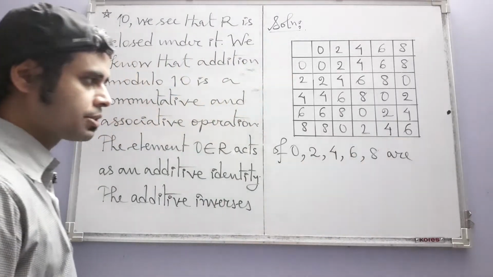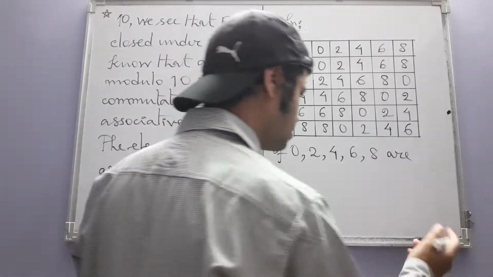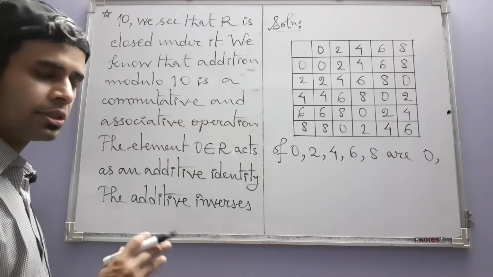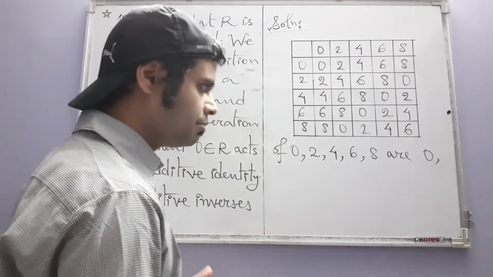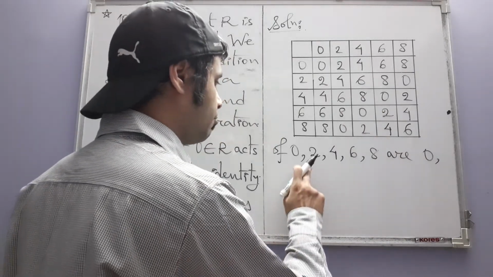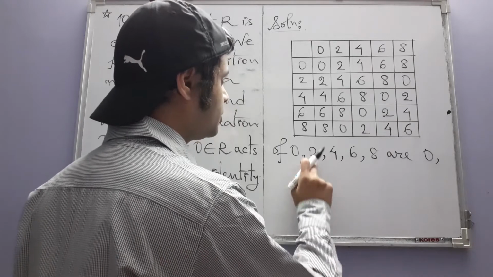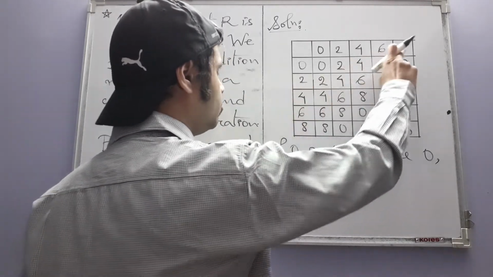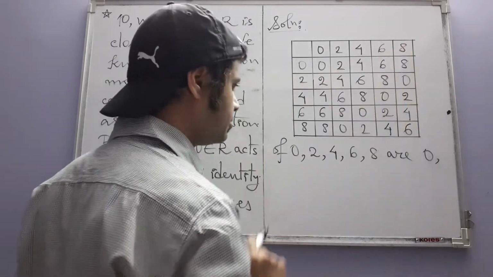What's the additive inverse of 0? 0 itself, because it's the identity with respect to this addition, so it will be its own inverse. Now what is 2? From the table we see that when we add 2 and 8, then we get 0.